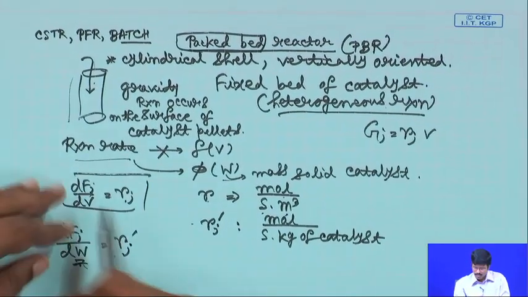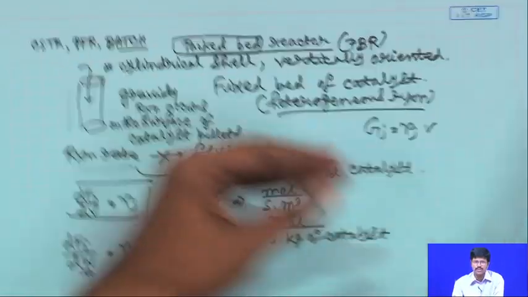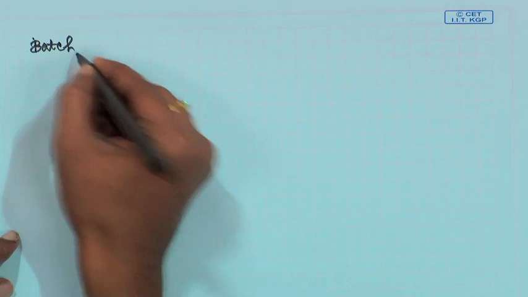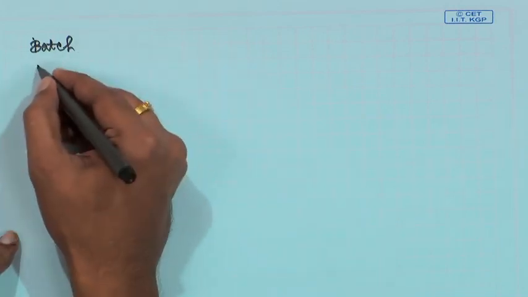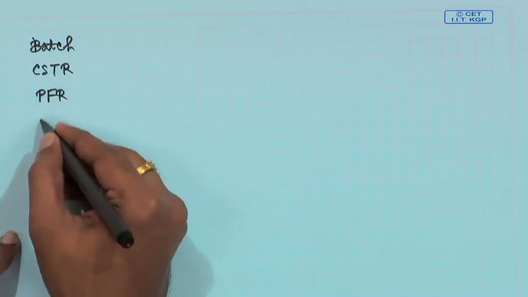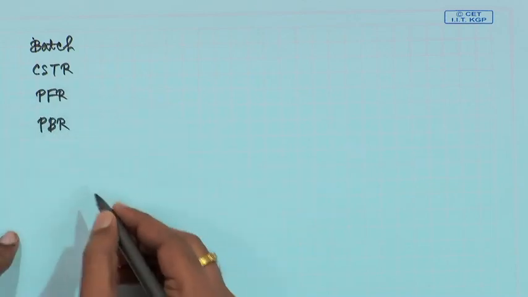To summarize up to this part, what we have is this. You have the batch reactor, the CSTR, the plug flow reactor, and the packed bed reactor.